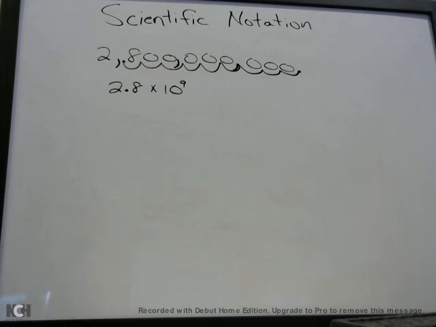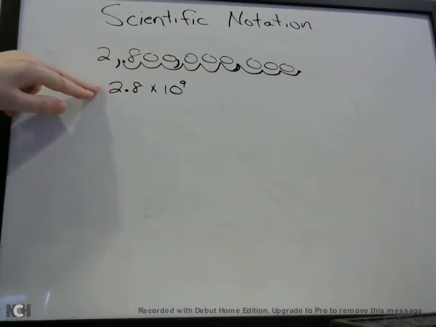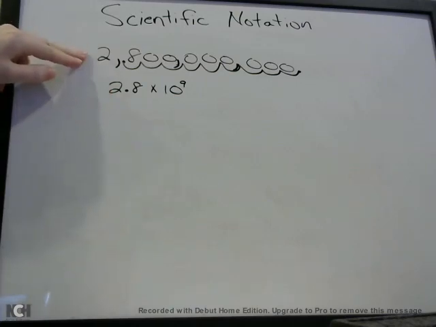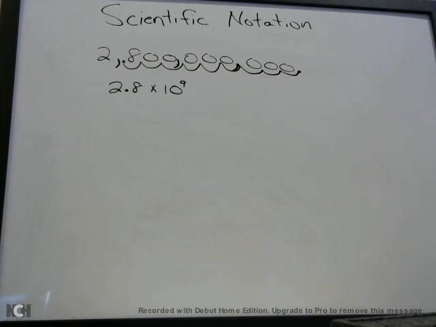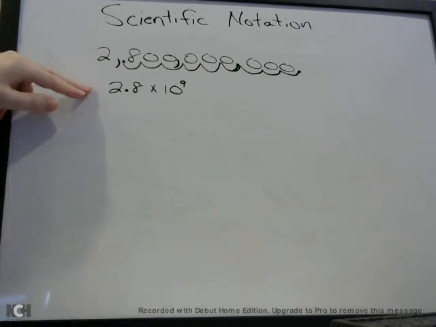So we have 2.8 times 10 to the 9th. That's how you write scientific notation for that large number. So you can see, as you have large numbers, the reason we write it in scientific notation is just because it's shorter to write.